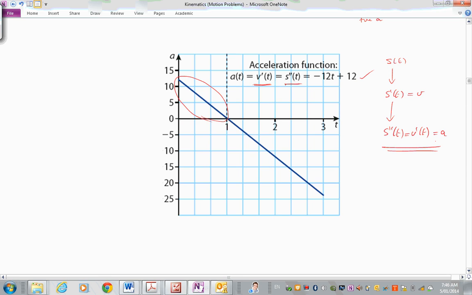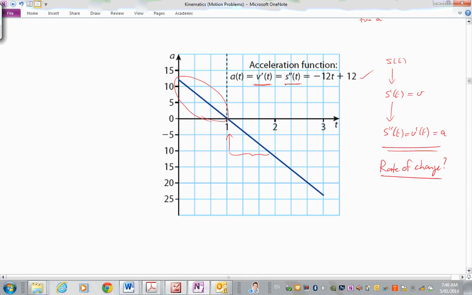I suppose you could, but it wouldn't have any everyday meaning. You can keep going and keep differentiating or finding rates of change forever. But is it appropriate beyond this second derivative? No, it's not. But it is useful here, because you can see at t is 1, the acceleration started to become negative.